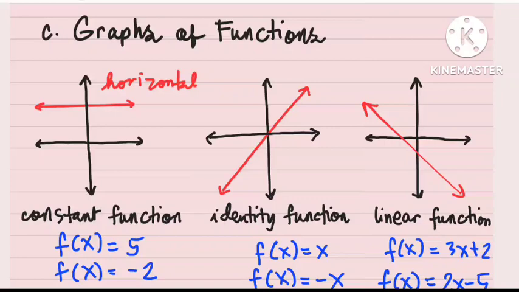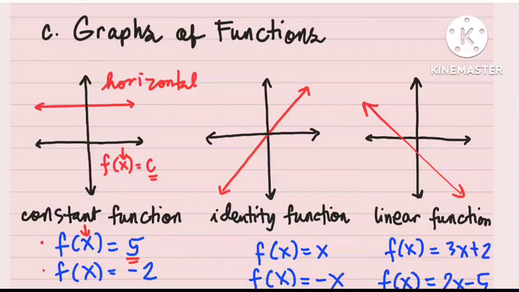When we say constant function, the form is f of x is any constant. So whatever you input here, your output does not change, hence constant. So here are some examples of a constant function. F of x is equal to 5 and f of x is equal to -2. Again, whatever you input here, the value of the function is the given constant.